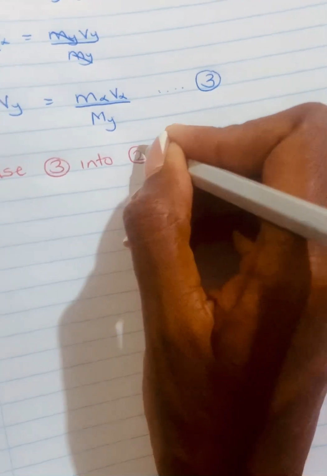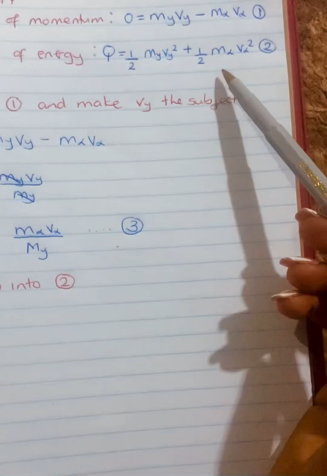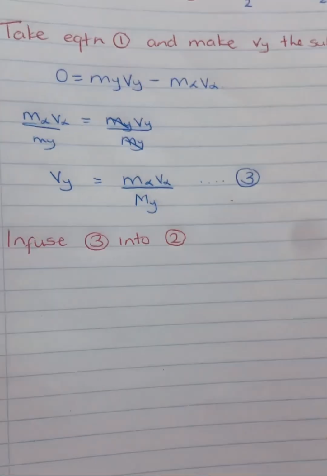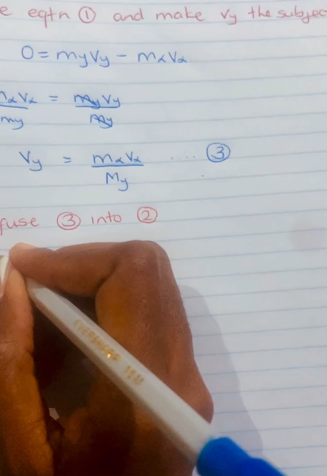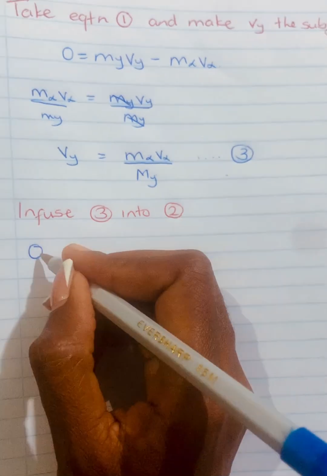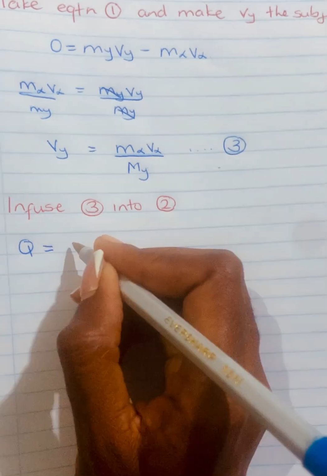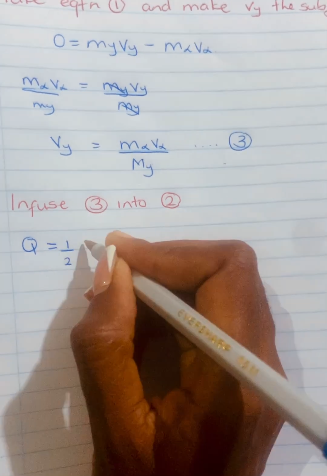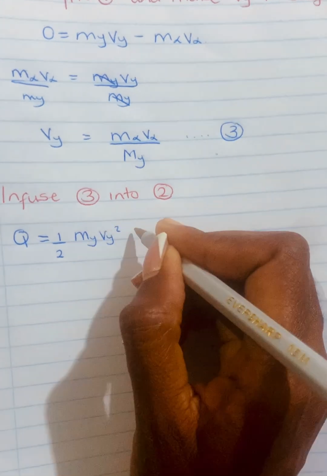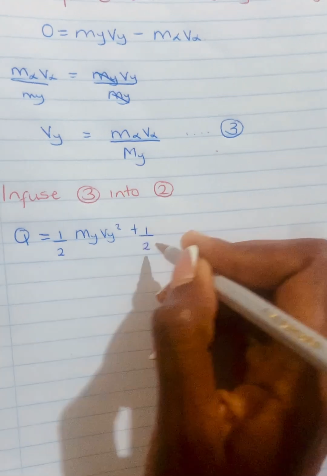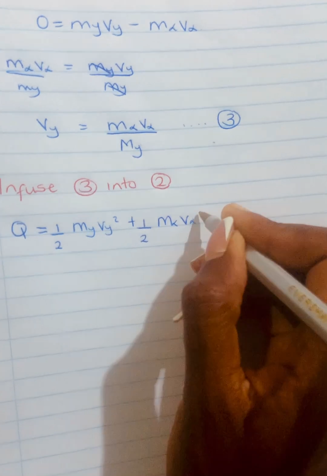Now we are going to infuse equation 3 into equation 2. Remember, equation 2 says Q equals 1 over 2 m_Y v_Y squared plus 1 over 2 m_alpha v_alpha squared.